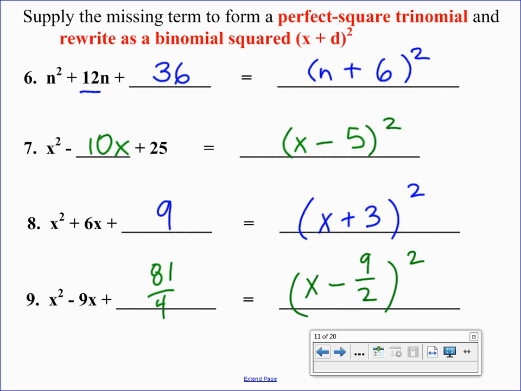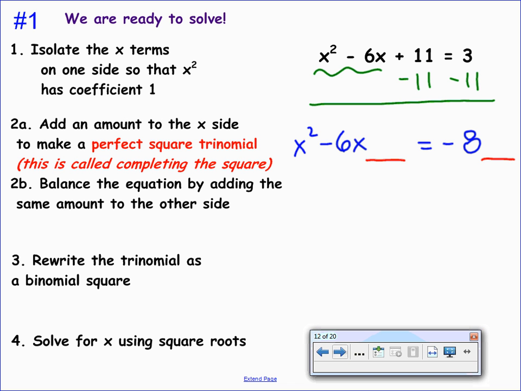Half of 10 is 5, and then squared is the 25. Half of 6 is 3, and then squared is the 9. In the solving example, half of negative 6 is negative 3, and then squared is what? 9. So what am I going to add to both sides? 9. I'm going to add a plus 9 to both sides to complete the square.